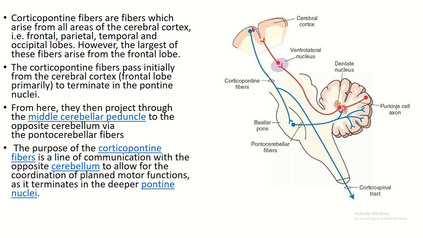This is in the motor nervous system: corticonuclear, corticopontine or corticobulbar fibers. The corticonuclear fibers synapse with the brainstem nuclei, and corticospinal axons synapse with the motor neurons of the spinal cord.